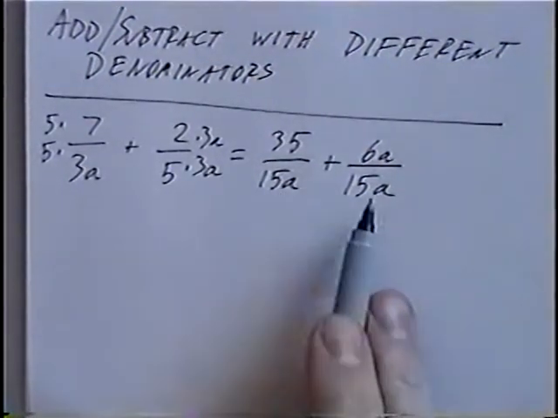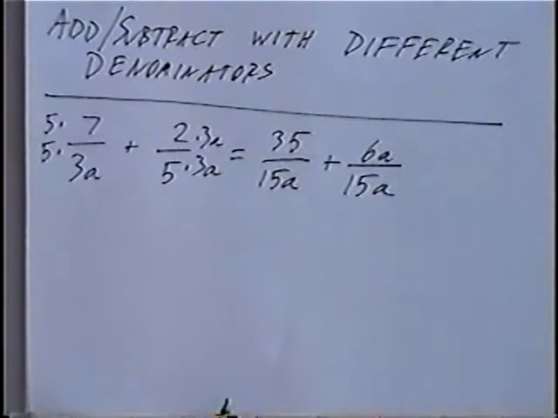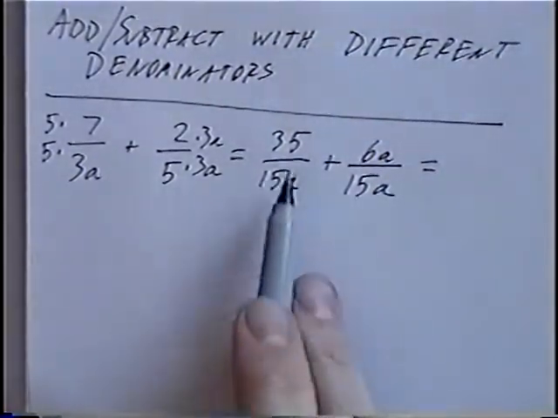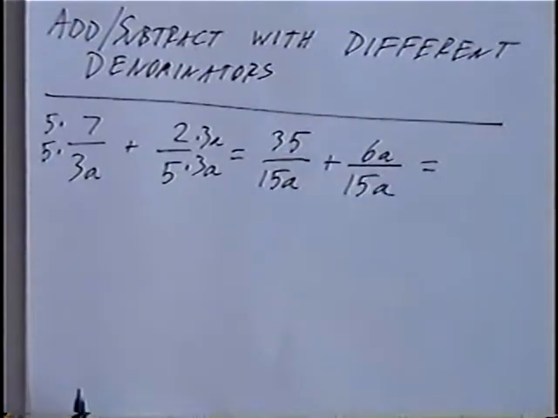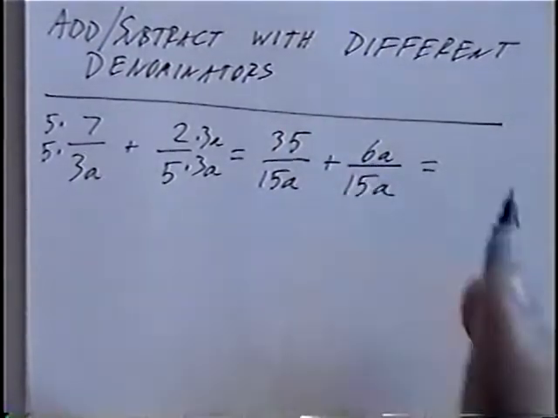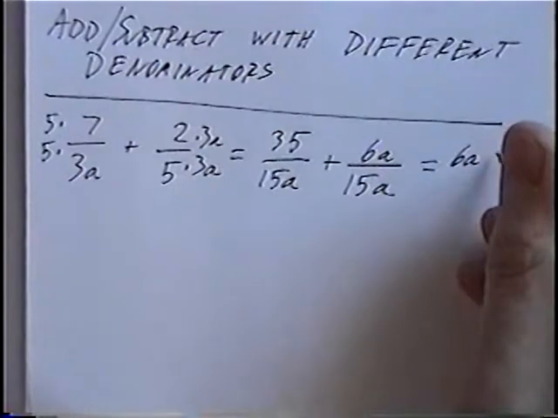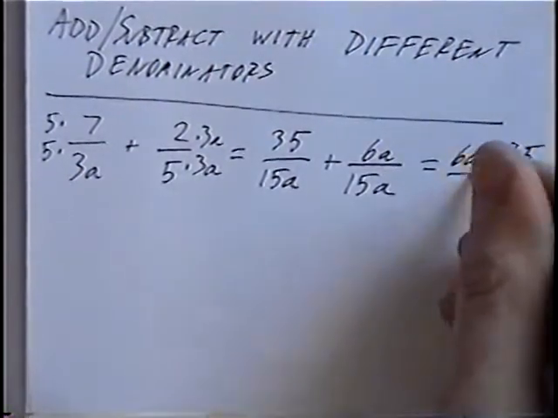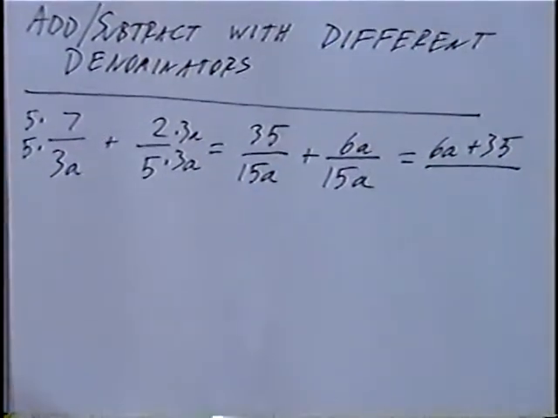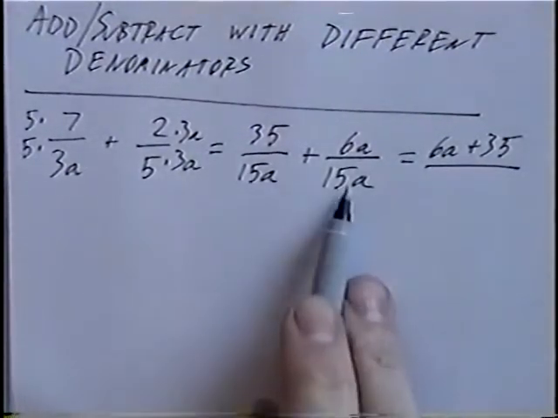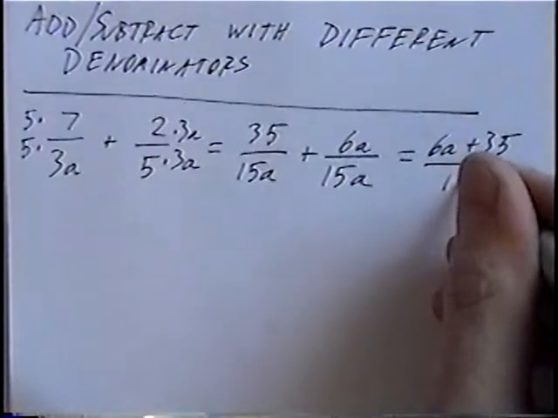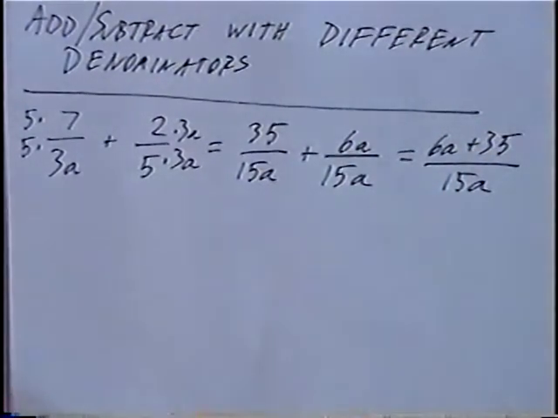Again, once you have common denominators, the same numbers on both fractions, you can combine those together. 35 plus 6a. Normally in algebra you'll write the variable first, which would be 6a plus 35. Variables and numbers, again, cannot be combined, they're separated. 15a would stay the same.